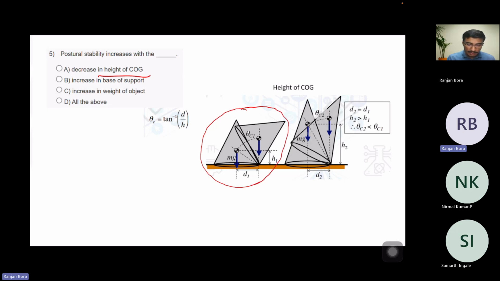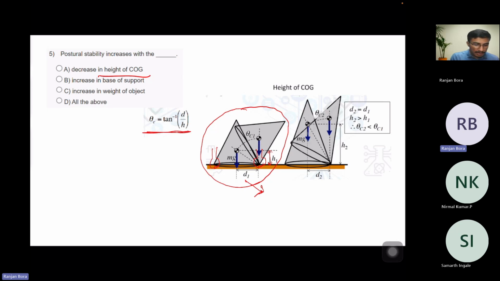Here D1 represents half of the width between the two feet when we stand on the ground, if we assume this is one foot and this is another foot. And H represents the distance of the COG, center of gravity, from the ground. Using this relation, theta is equal to tan inverse of D by H.